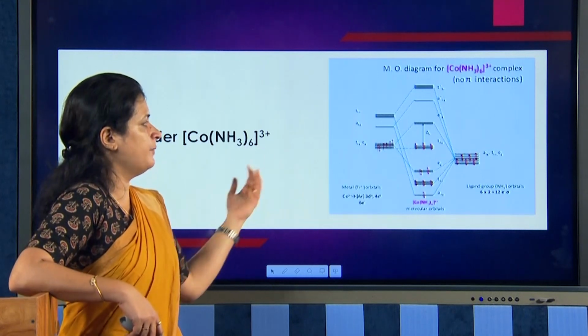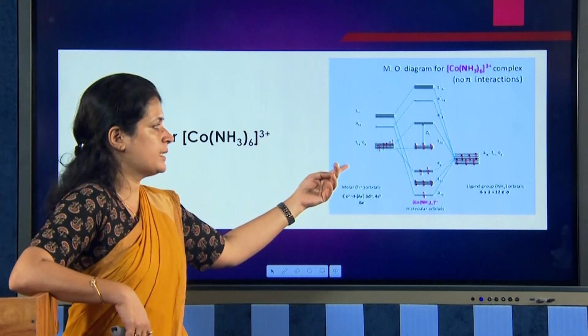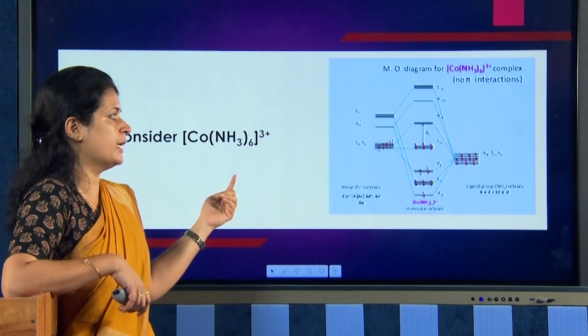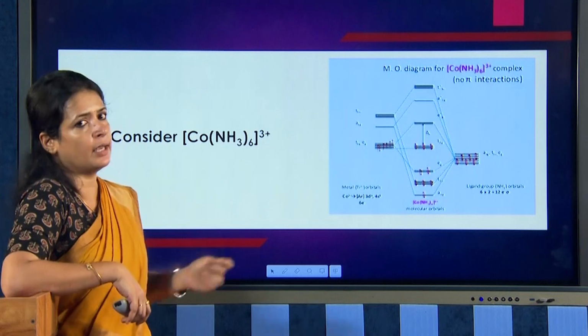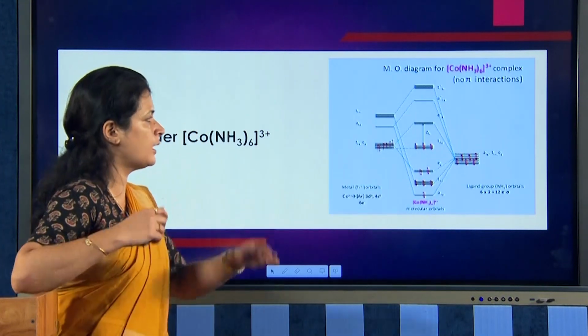You can see on the left hand side the metal orbitals involved, and on the right hand side the ligand group orbitals. Ligand group means what? The ligands are ammonia ligands, so the ligand group ammonia orbitals are on the right hand side.